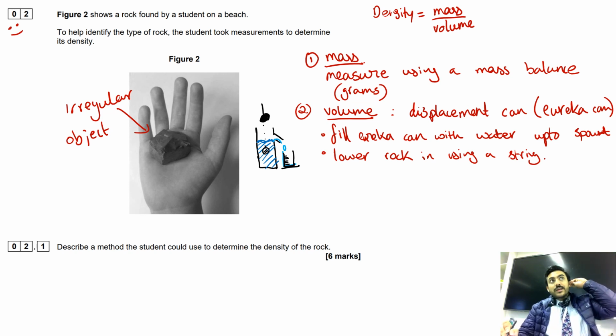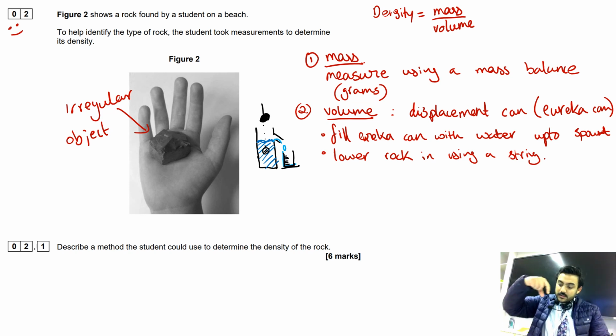Why do we use a string? So that only your rock is displaced in the water. If I use my fingers, I might get some fingers into the water, and then the volume actually calculated will be of the rock and my fingers together.